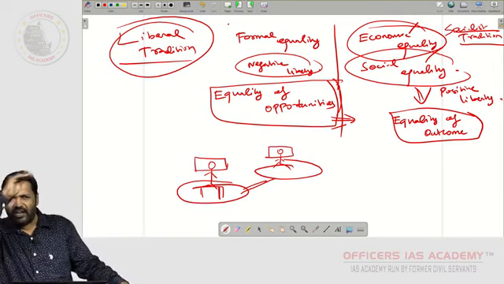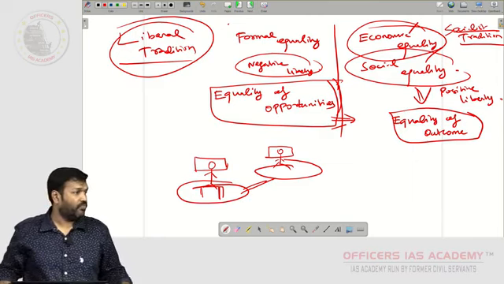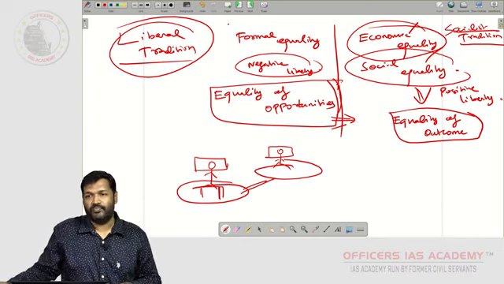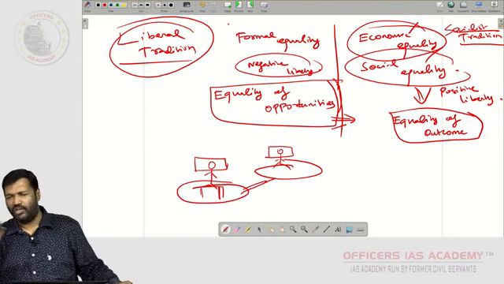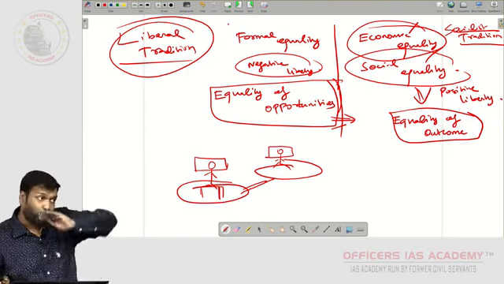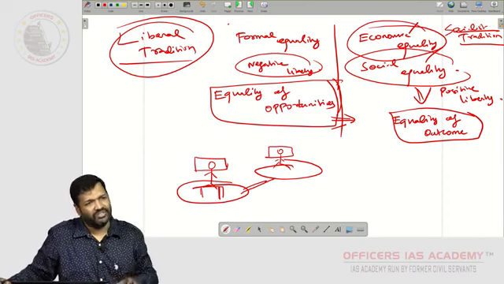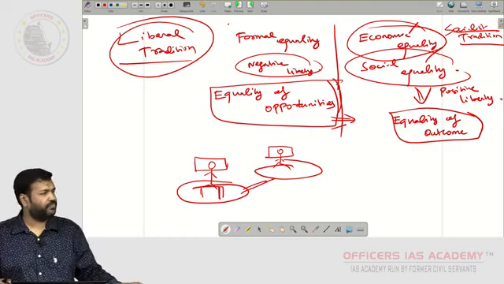Correct? So equality as a notion is extremely controversial or confusing in political theory. What is equality? Today you can create one equality, tomorrow it will change based on individual character, on how the process is going. It will change, definitely it will change. You cannot stop it. You understood? You cannot stop it.